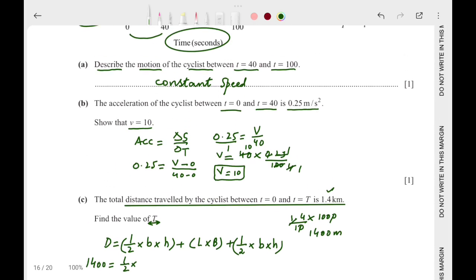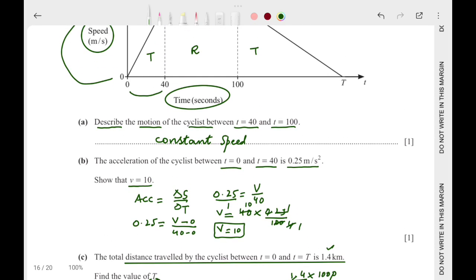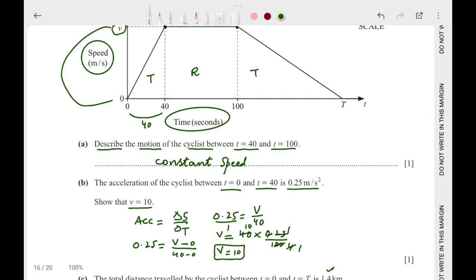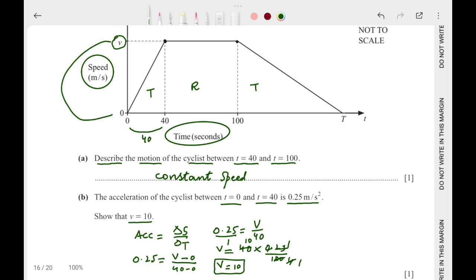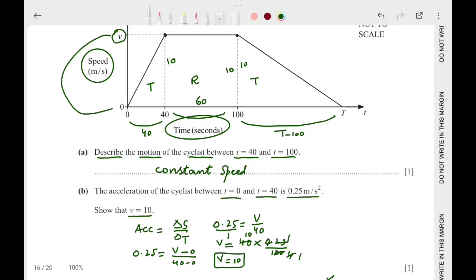Let us see the base of the first triangle, that is 40, and the height is 10. Now we are not going to write v here, as we know that the height is 10, and for the next rectangle the length is, if you see, that is 60 and the breadth is 10, and for the next triangle the base is t minus 100 and the height is 10 again. So we'll substitute these values.